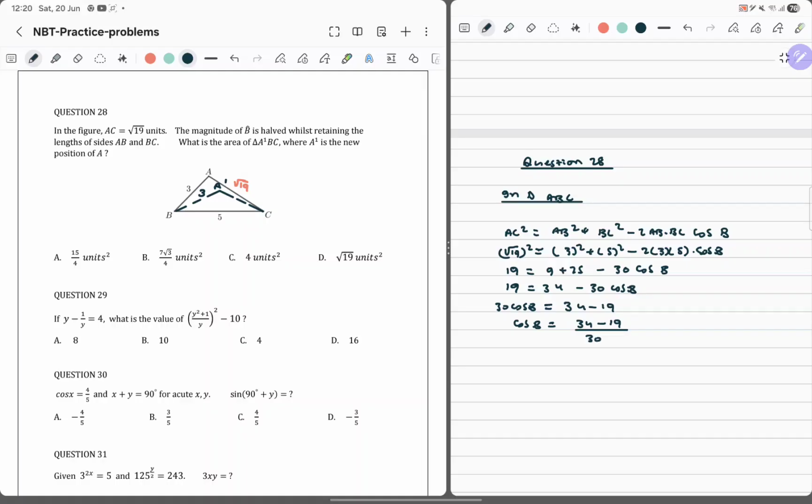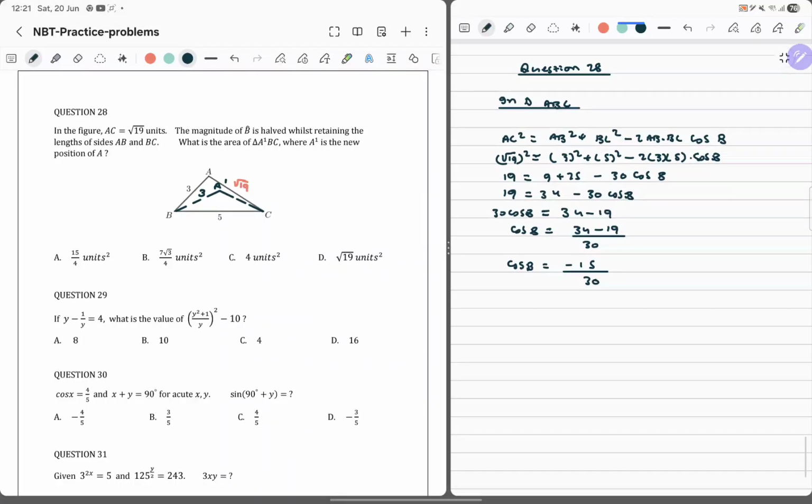So this is 15, and cos B is going to be 15 over 30.